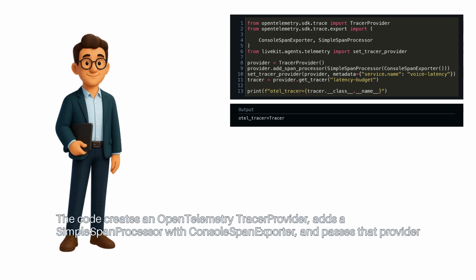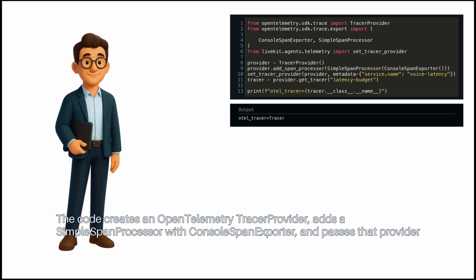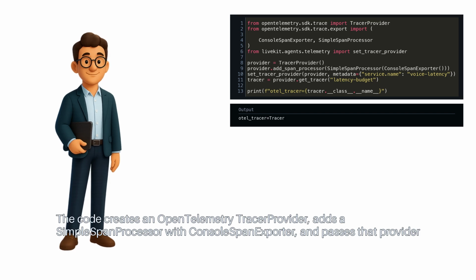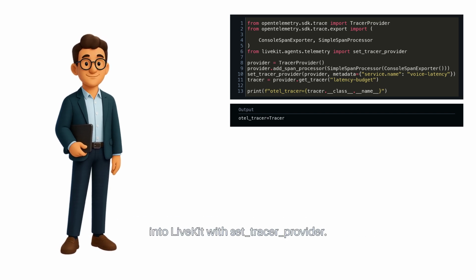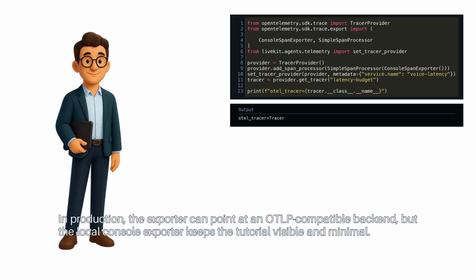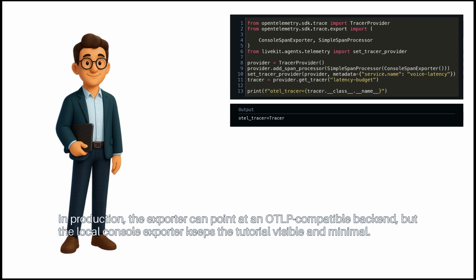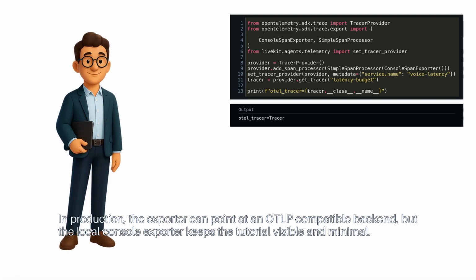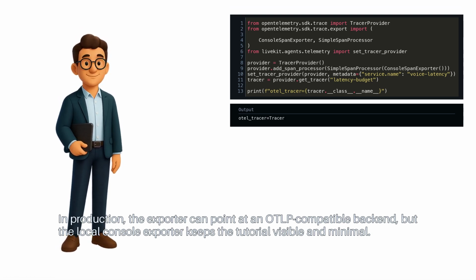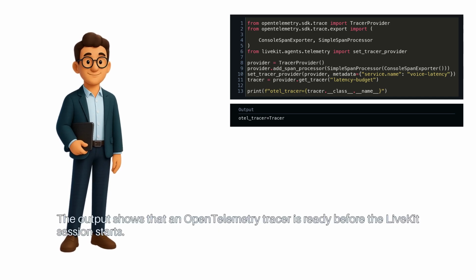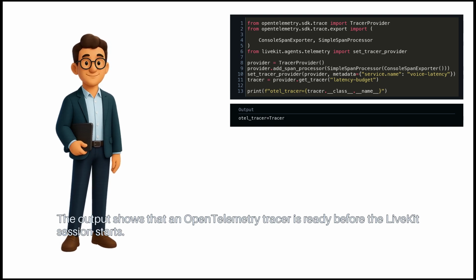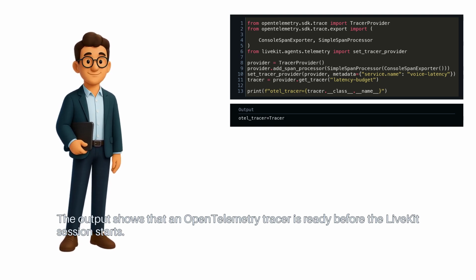The code creates an OpenTelemetry tracer provider, adds a simple span processor with a console span exporter, and passes that provider into LiveKit with set tracer provider. In production, the exporter can point at an OTLP-compatible backend, but the local console exporter keeps the tutorial visible and minimal. The output shows that an OpenTelemetry tracer is ready before the LiveKit session starts.